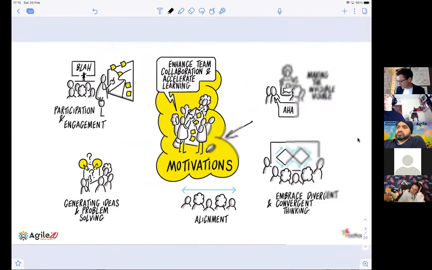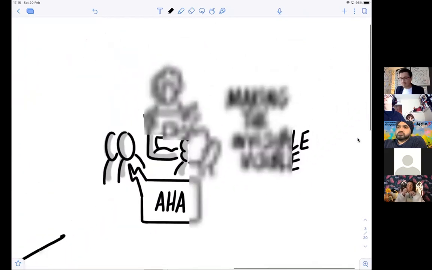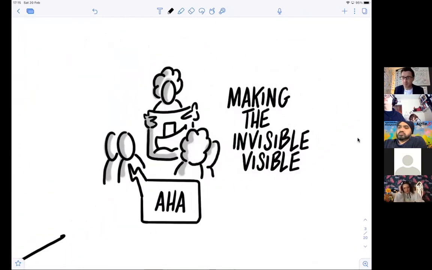The other thing that I wanted to say was around making the invisible visible, or making the intangible tangible. I'm sure a few of you here will know that the Scrum Guide was updated. And I love the new definition of a product. It says a service, a tangible product, or something more abstract.